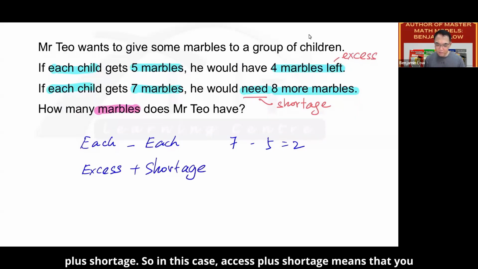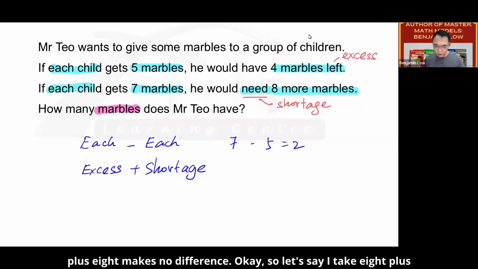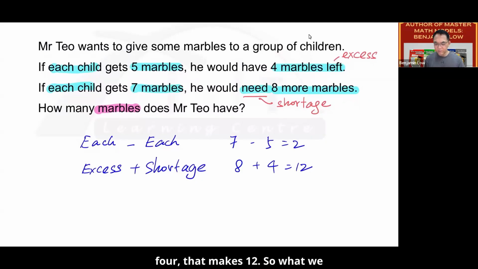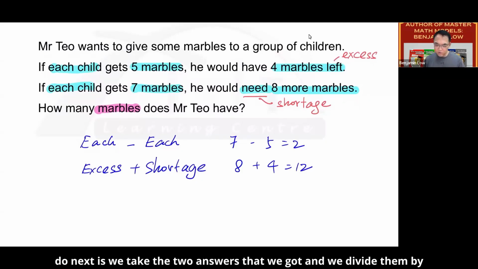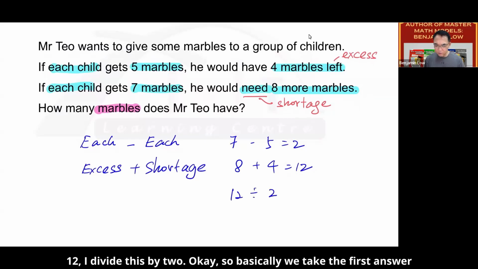So in this case, excess plus shortage means that you will take 8 plus 4, or 4 plus 8, makes no difference. Let's say I take 8 plus 4, that makes 12. What we do next is we take the 2 answers that we got and divide them by each other. So now I take 12, I divide this by 2.